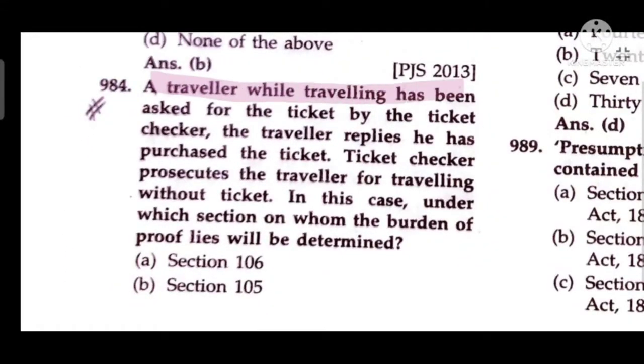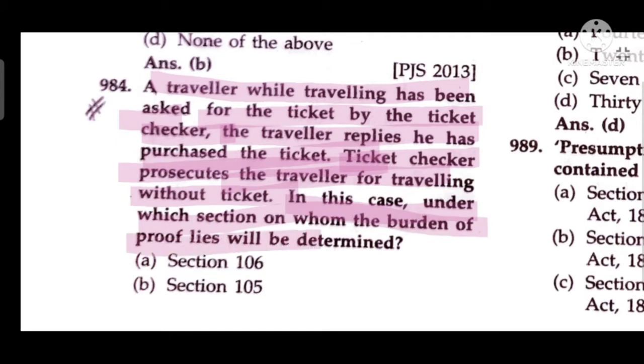A traveller, while travelling, has been asked for a ticket by the ticket checker. The traveller replied that he has purchased the ticket. The ticket checker prosecuted the traveller for travelling without a ticket. In this case, under which section of the Indian Evidence Act will the burden of proof be determined?